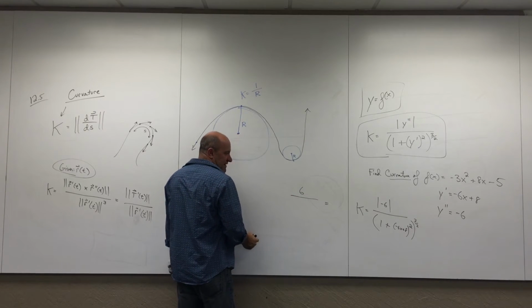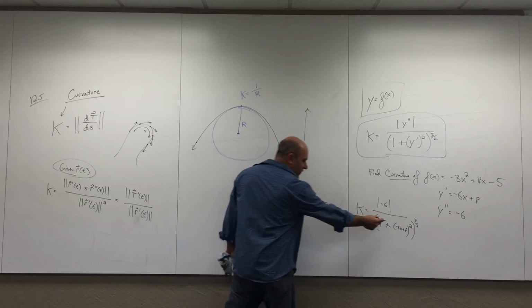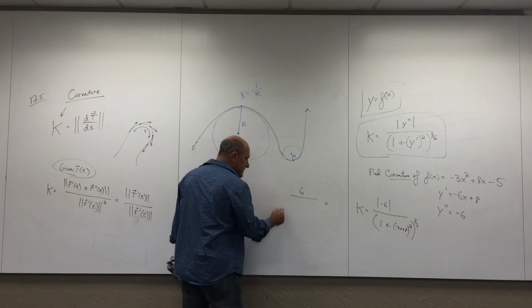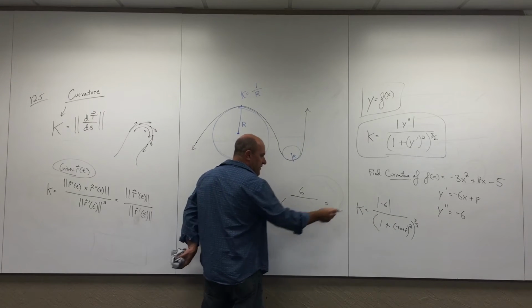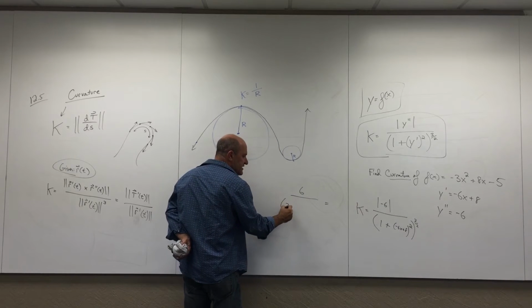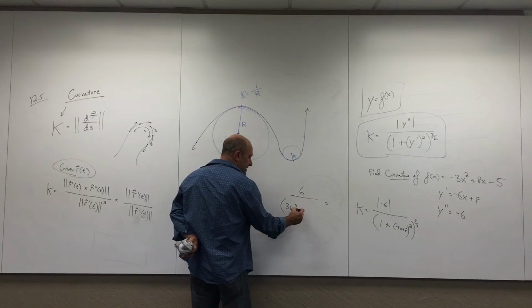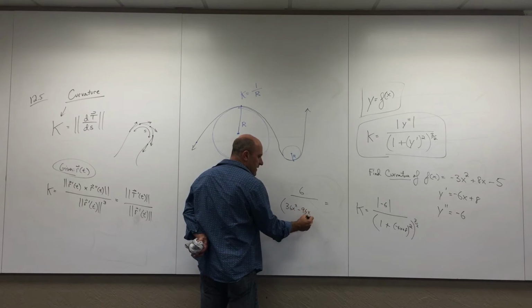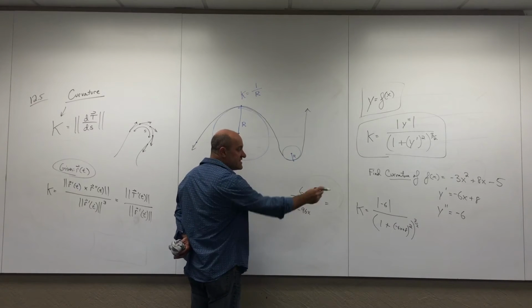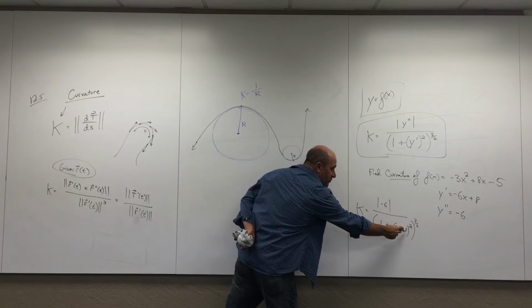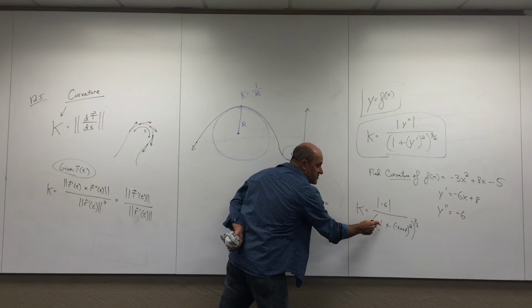I just said I didn't want to FOIL that out, but maybe I will for fun. If I do FOIL that out, I'm going to get a 36x squared and negative 96x, I think, and a plus 64. But then that plus 64 is going to be plus this 1.